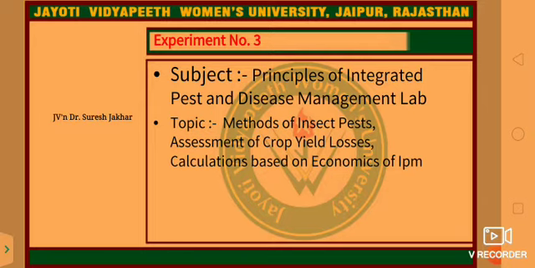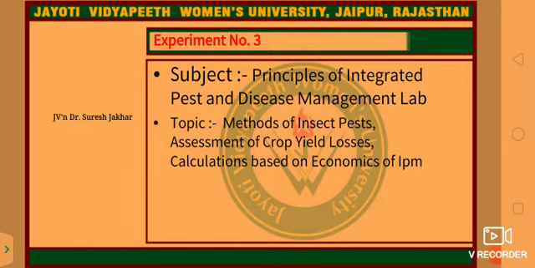Method third: trace the margin of the whole leaf and affected portion on a graph sheet to measure the area and work out percent damage. Method fourth: introduce the infested leaf into the leaf area meter and compare it with a healthy leaf; the difference gives the area damaged by the insect.